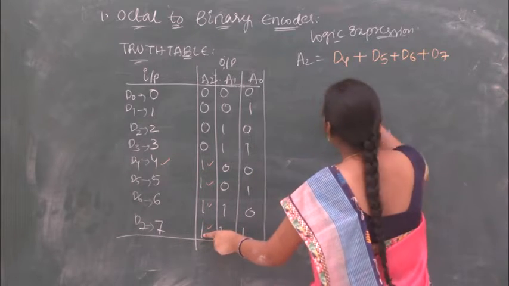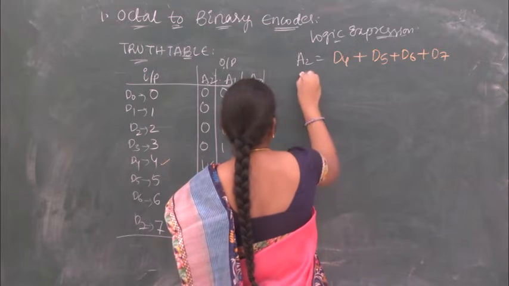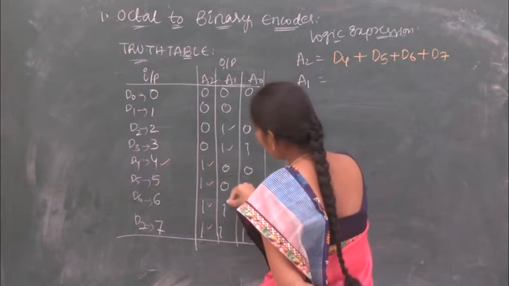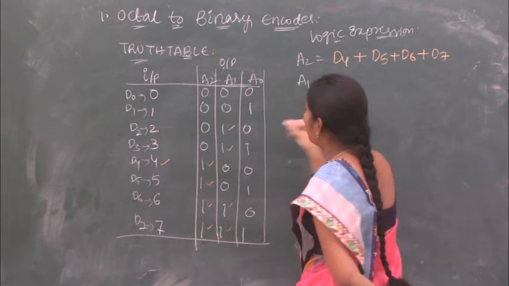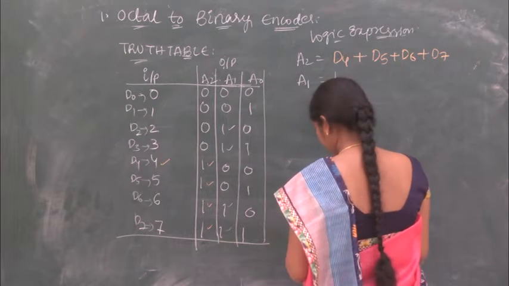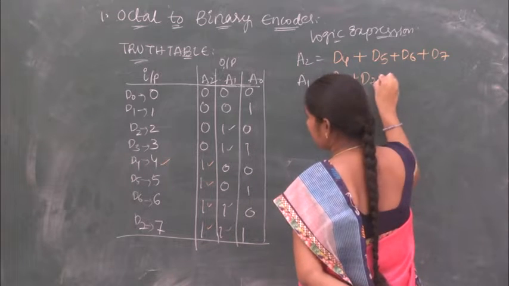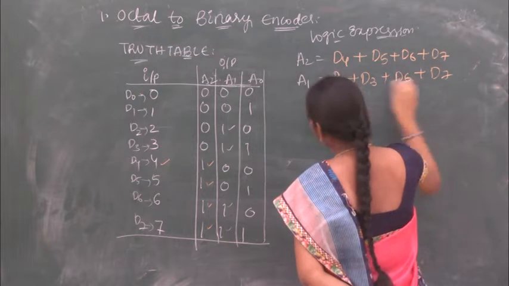For all these values A2 is high. Similarly, to get the expression for A1, consider only output high cases. So A1 is high for D2, D3, D6 and D7.